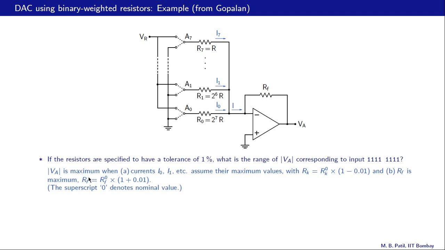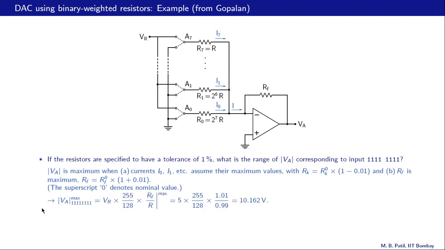So mod VA is maximum when currents I0, I1, etc. assume their maximum values, with Rk equal to Rk0, that is the nominal value, times 1 minus 0.01, that is 0.99. So these resistances take on their minimum values. That's how these currents become maximum. And second, RF is maximum, that is RF is equal to its nominal value times 1.01.